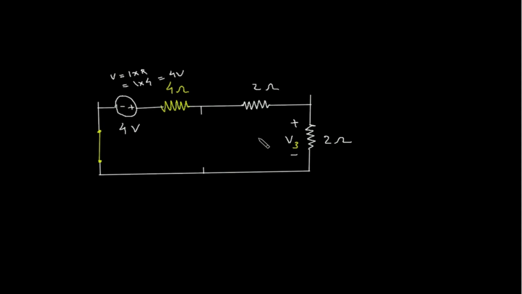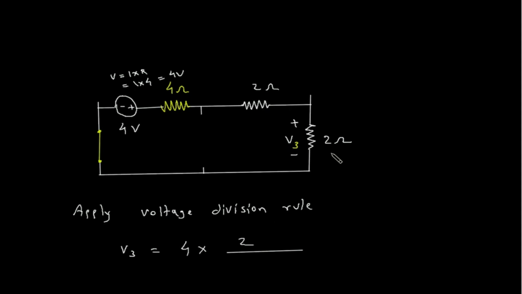Now here we can apply KVL or voltage divider rule. So apply voltage division rule to find V3. So V3 is equal to this voltage, which is 4 volt, into this resistance, which is 2 ohm, divided by total resistance 2 plus 2 plus 4.